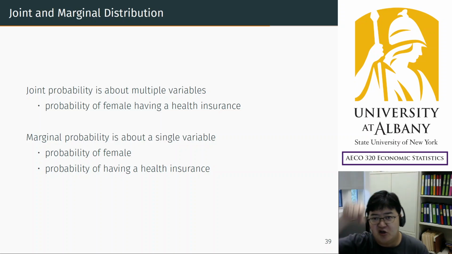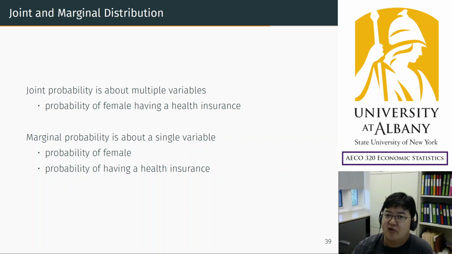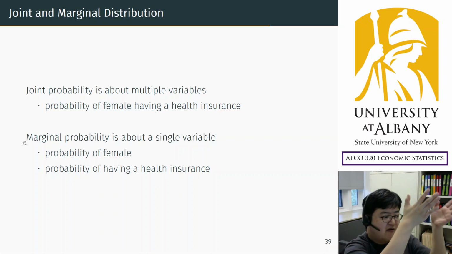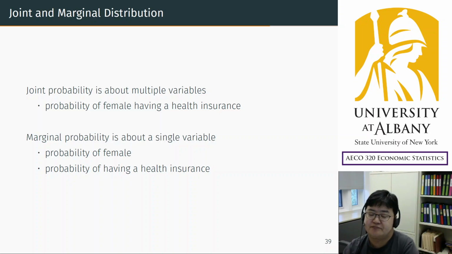So you can think about probability distribution for a single variable, and then we call that marginal probability. But you can define marginal probability for each of the variables.